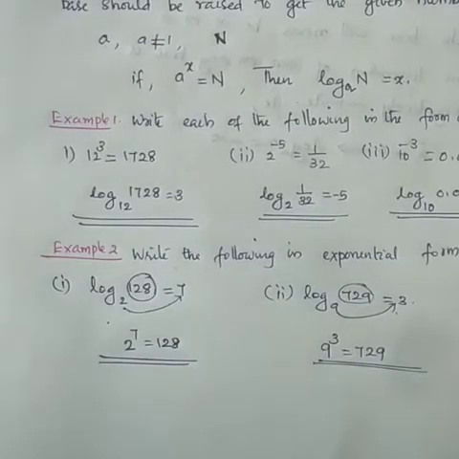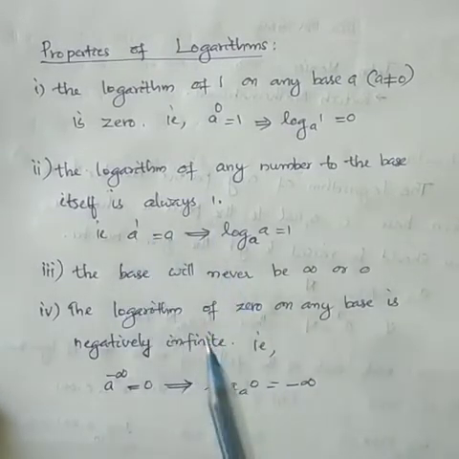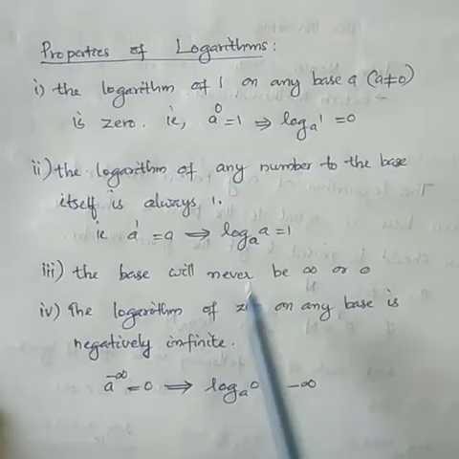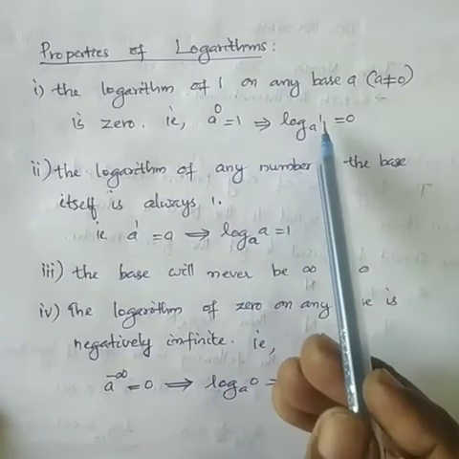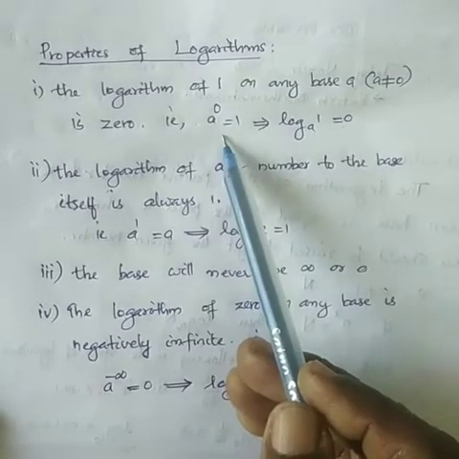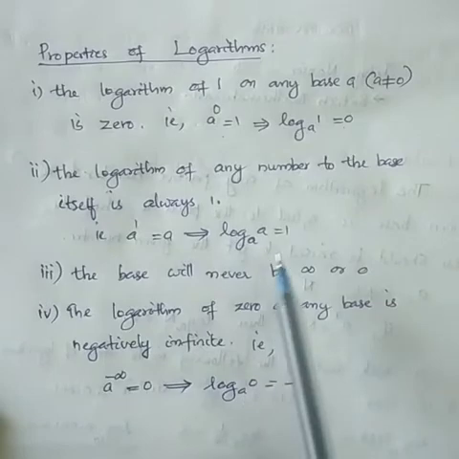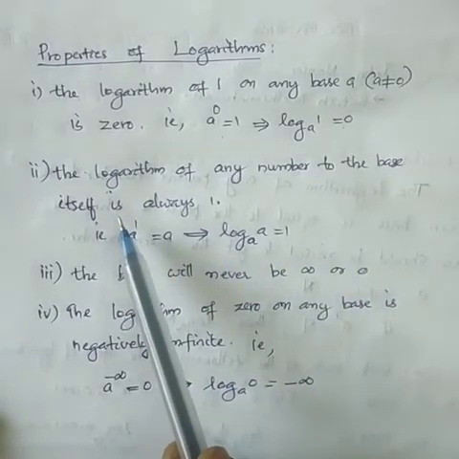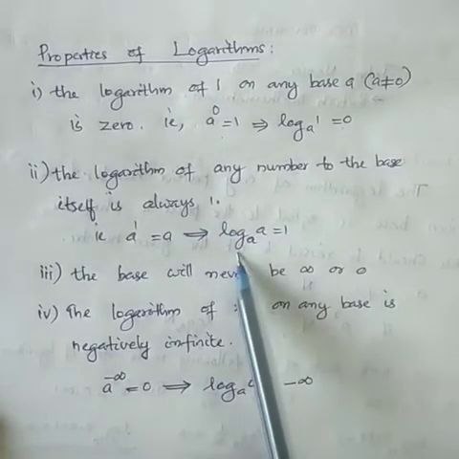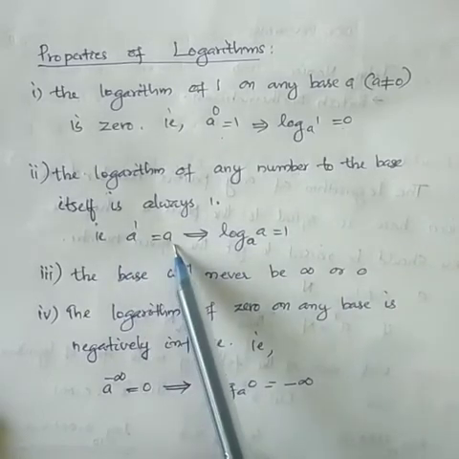Next is properties of logarithms. First one, the logarithm of 1 on any base a is 0. That is, log 1 to the base a equals 0, or a raised to 0 equals 1. Second property is the logarithm of any number to the base itself is always 1. That is, log a to the base a equals 1, or we can write this as a raised to 1 equals a.